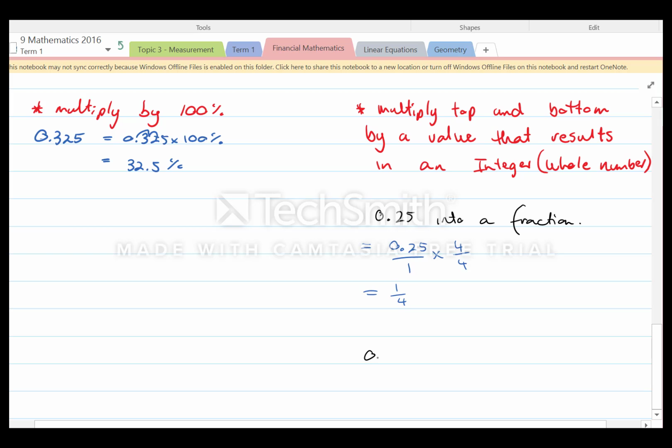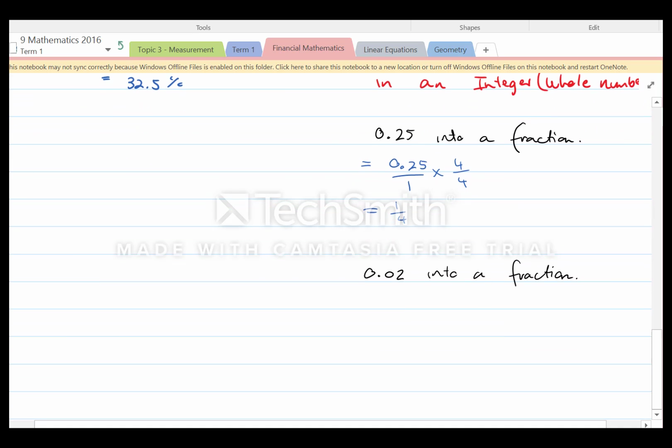Let's say 0.02 into a fraction. Okay, so sometimes it won't be obvious what you have to multiply the top and bottom by. So we could multiply this by 50 on top and bottom, but if we didn't see that, if we've got 0.02 on 1, we know if we multiply 0.02 by 100, it jumps that decimal place 2.